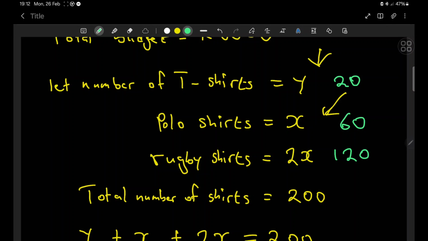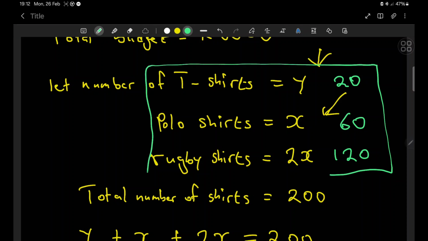Since the question had said how many of each type of shirt should you buy, these are the solutions. So t-shirts will get 20, polo shirts 60, and rugby shirts will get 120. And the total of these gives us 200. So that's how you do such a question.